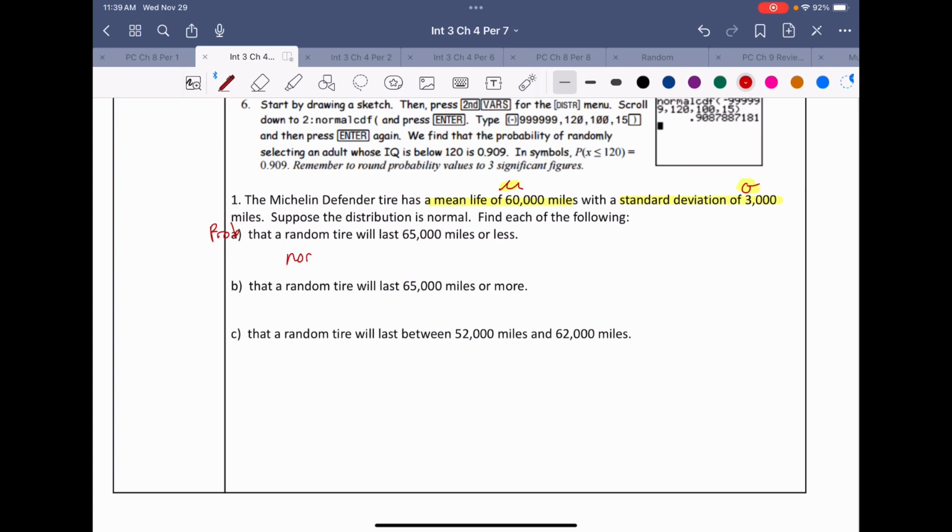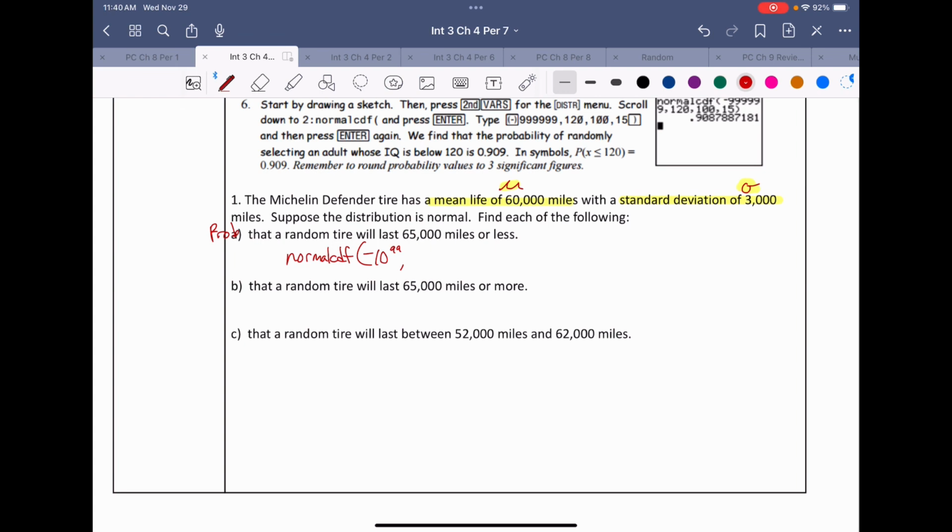So these are always normal CDF. And since you won't have a calculator on your test, this is what I expect you to write. Normal CDF, parentheses. First two numbers are our min and max. This says will last 65,000 miles or less. Or less means your minimum is negative infinity, negative 10 to the 99th, comma.